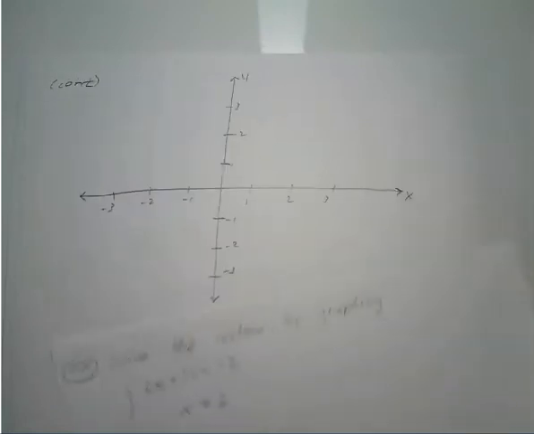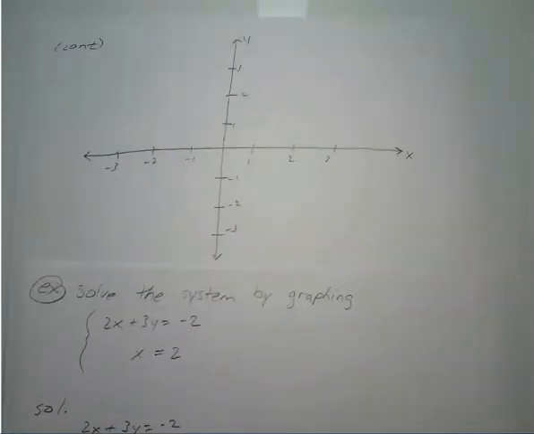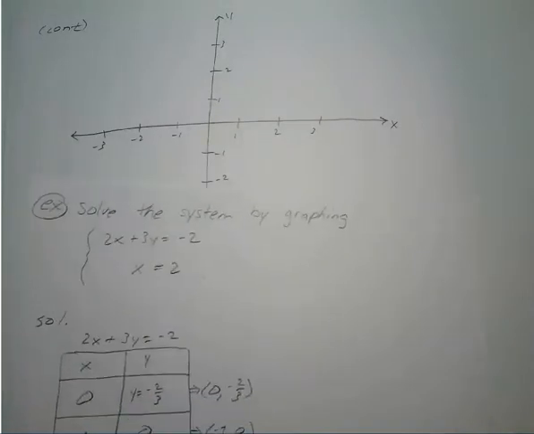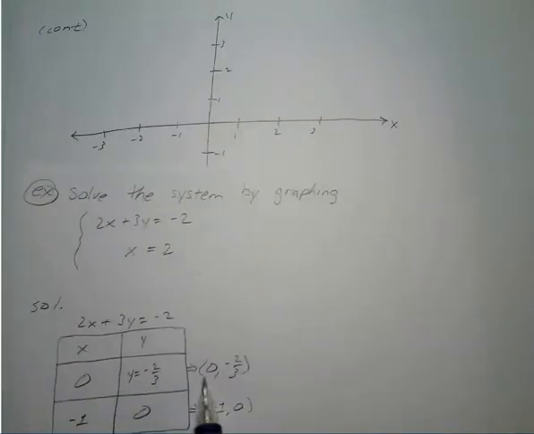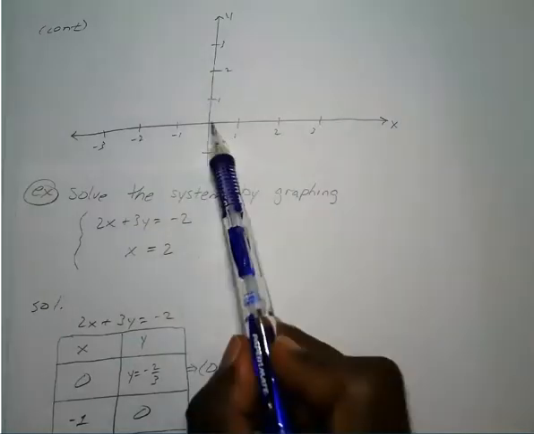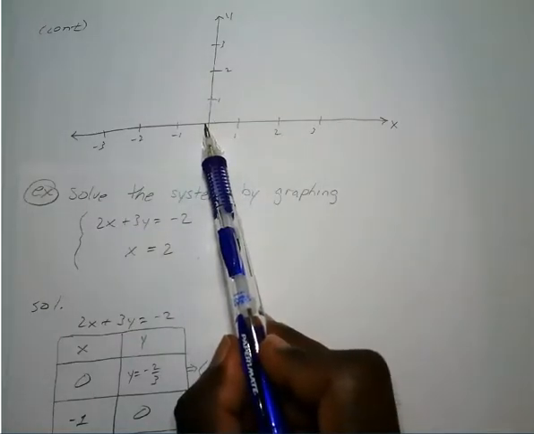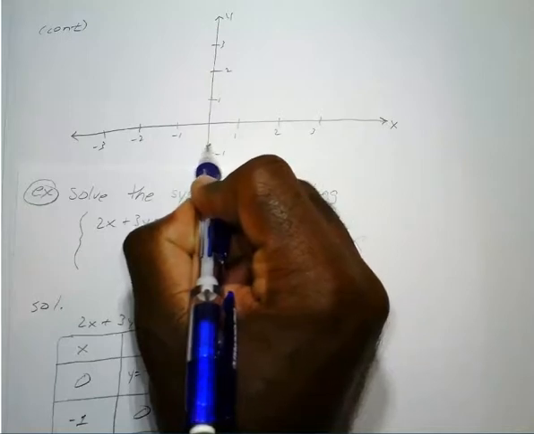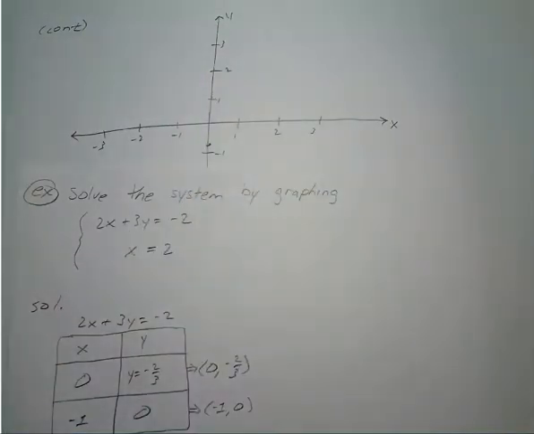Okay, so if we go ahead and go to our next page here, move that up a little bit. Okay, so we know we have 0, -2/3. So x is 0, y is -2/3, which is about here. And then we have -1, 0.